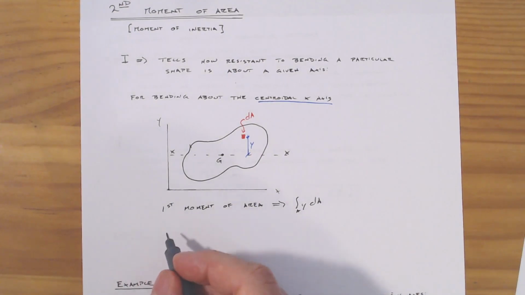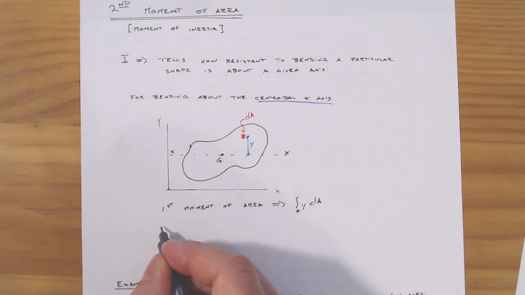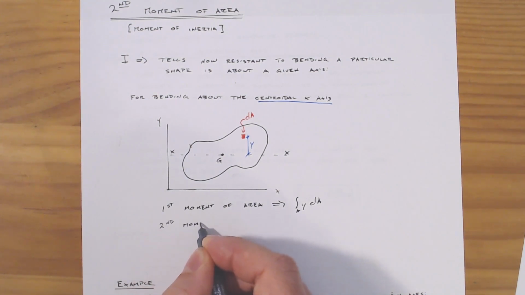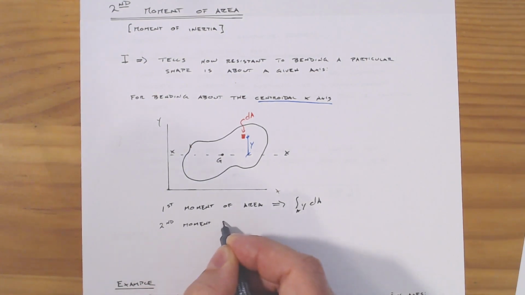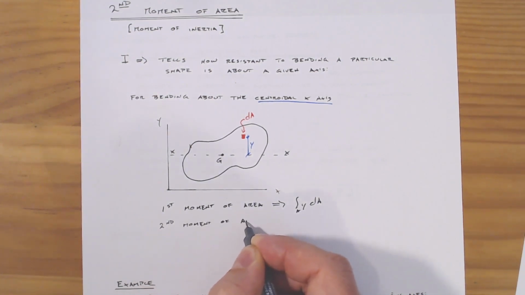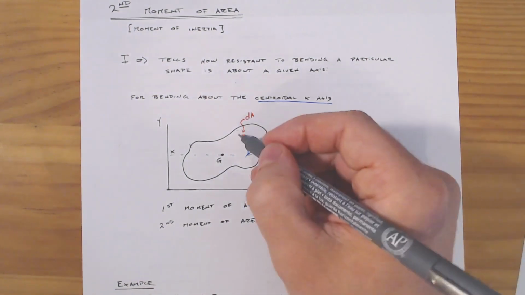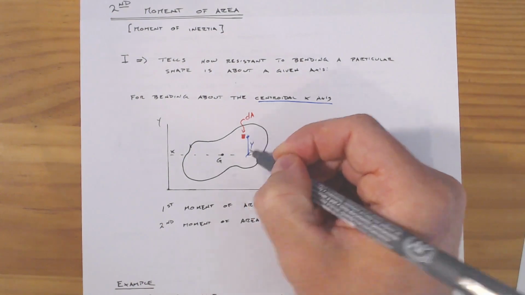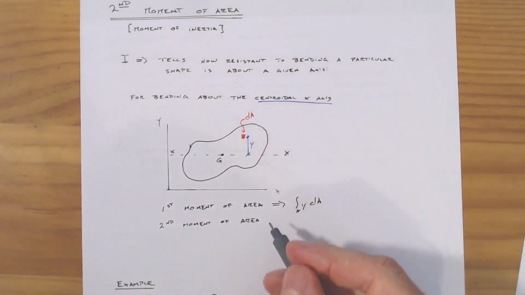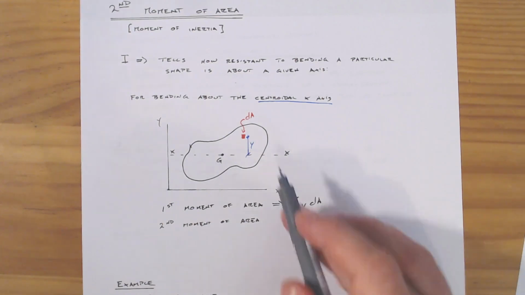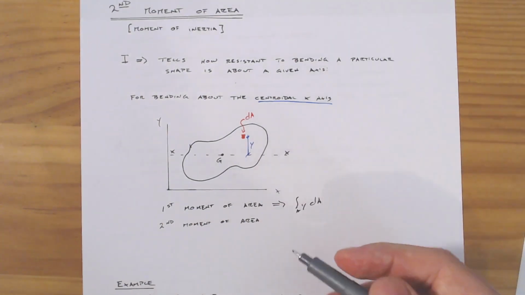Now, our second moment of area. You can think about it this way: if the first moment of area is just this little area multiplied by its distance, and hence the moment, the second moment of area is effectively taking this whole thing and multiplying by its distance again.